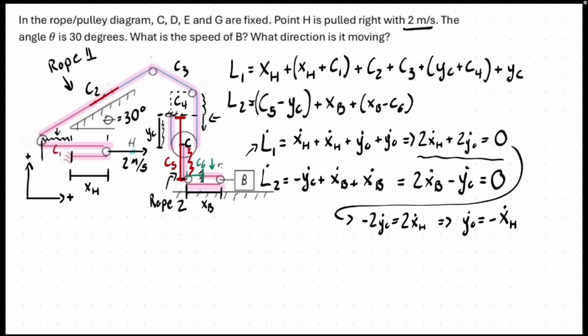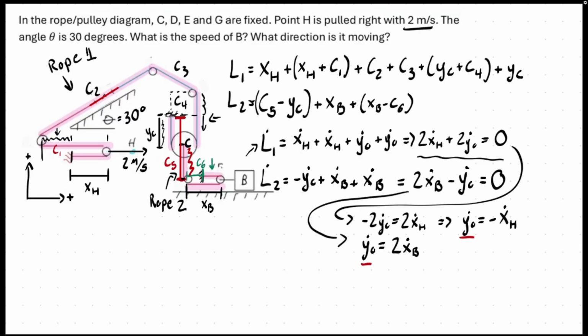And for the second equation, if we want to solve for YC, we just move it to the other side, so YC dot equals 2XB dot. Now we have two equations for what YC dot equals.